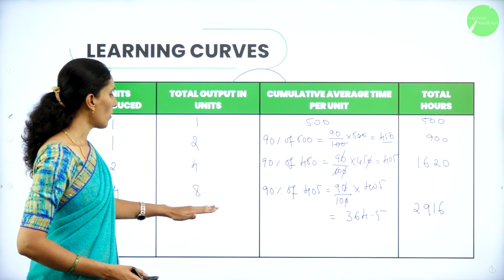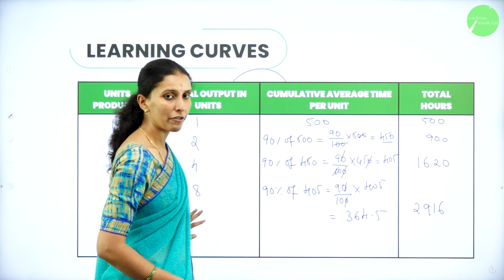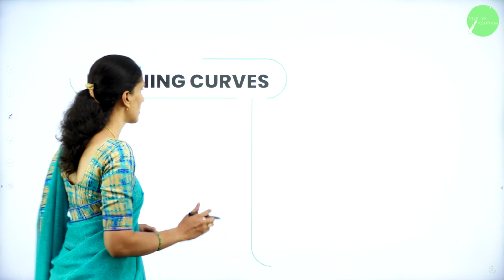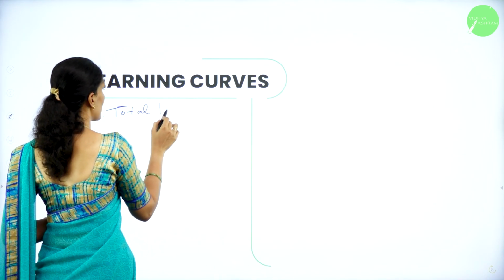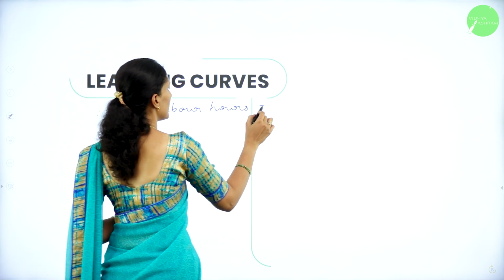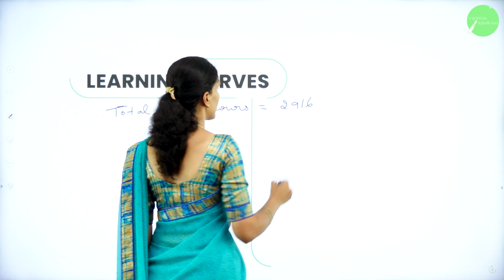So let us stop with 8 now. So the total labor hours required to manufacture 8 engines is 2916 hours. So therefore, total labor hours is equal to 2,916.